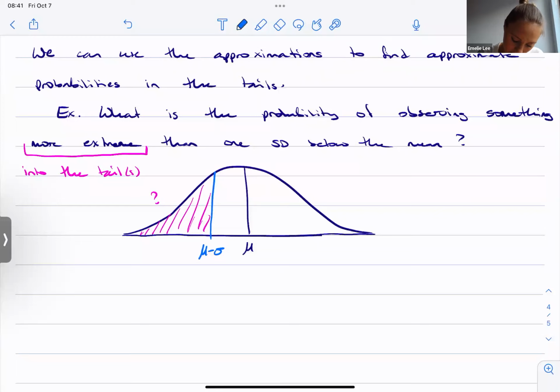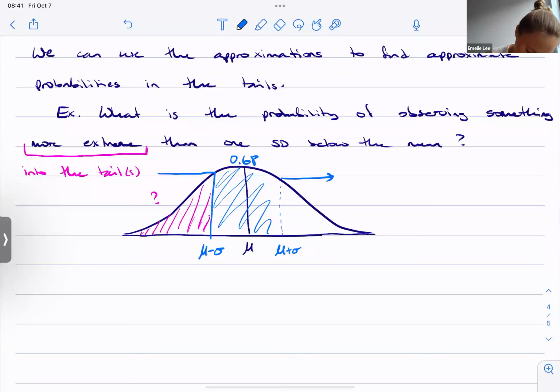Okay, so the approximation says that here at mu plus sigma, I've got an area of 0.68. Which means that I have 1 minus 0.68 left over, which is 0.32, but I have to split it evenly amongst the tails. So from here and here, I have 0.32 divided by 2, which is 0.16.